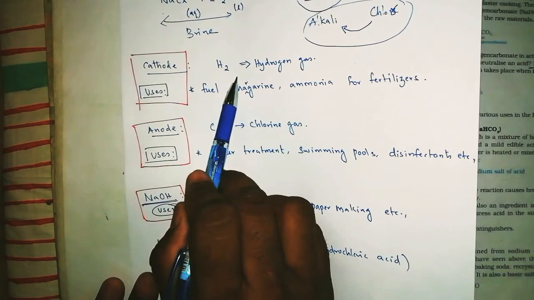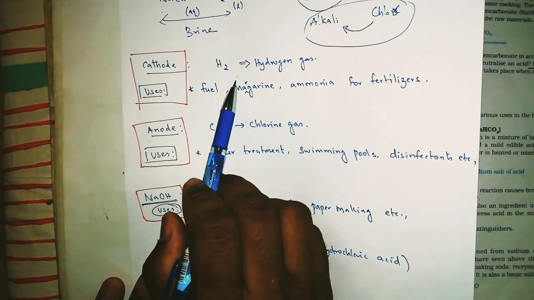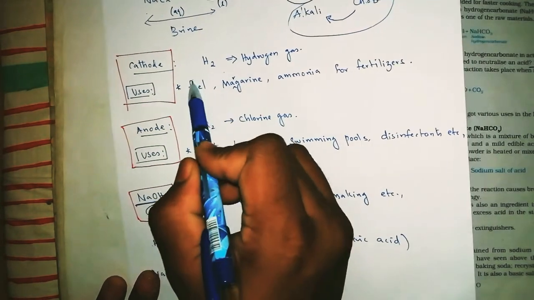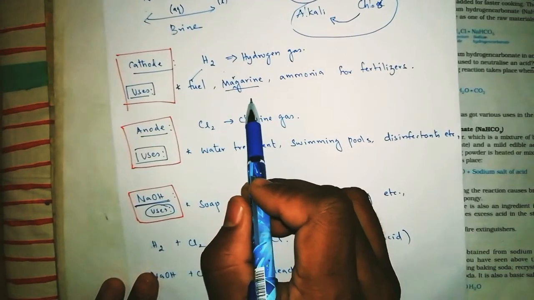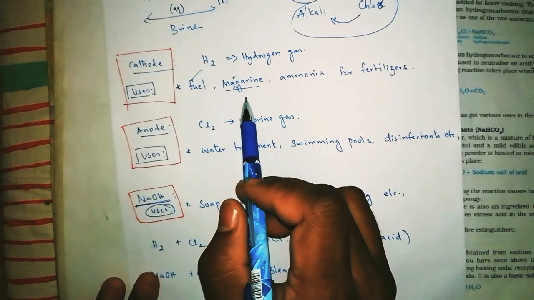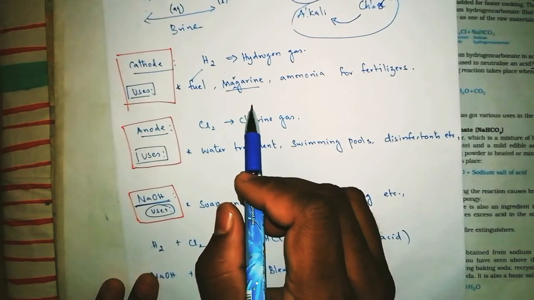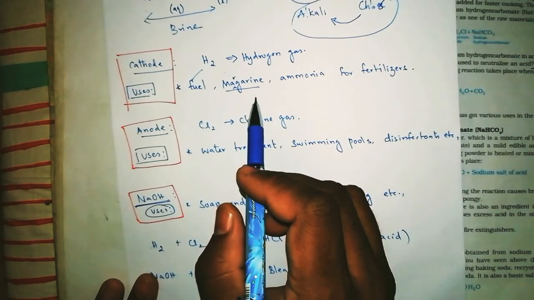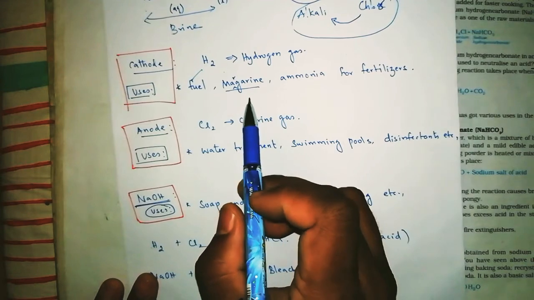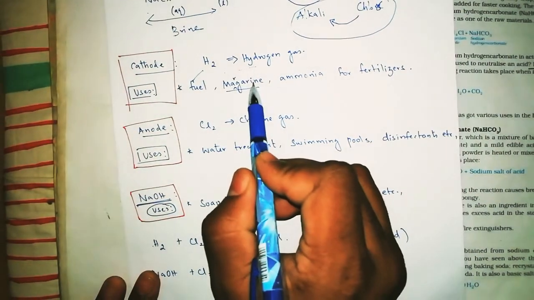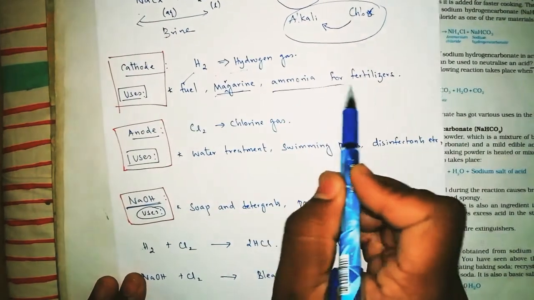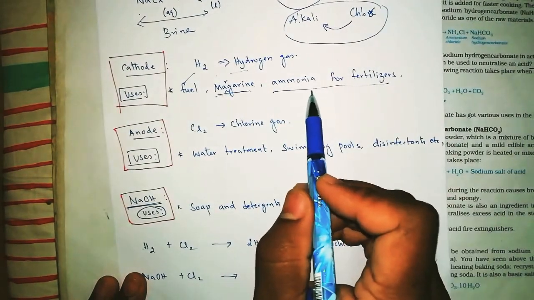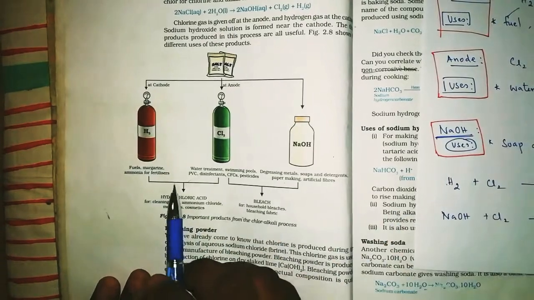Hydrogen gas is formed, right? And what are the uses of hydrogen gas? It is used as a fuel, rocket fuels. Margarine looks like butter, and this butter-like substance is formed by the hydrogenation process, and it forms margarine. Fertilizers, ammonia fertilizers, hydrogen is used, right?